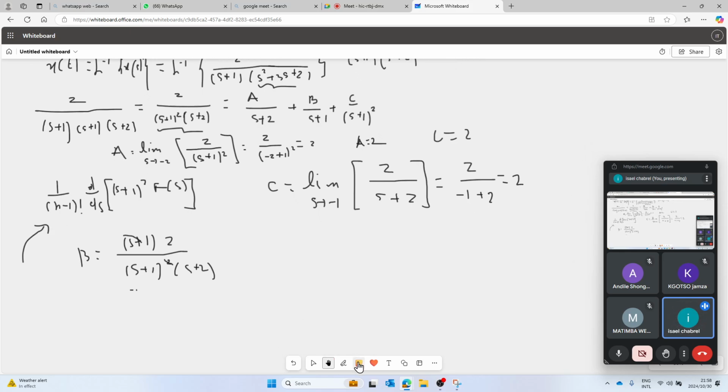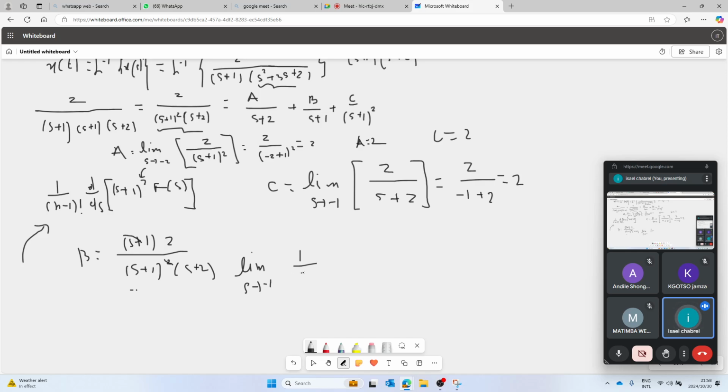So now, to solve for B, we still go with the limit of s moving towards minus 1, but now it changes. Following the formula, it is 1 over (n minus 1) factorial, where n is the power of our repeated root.